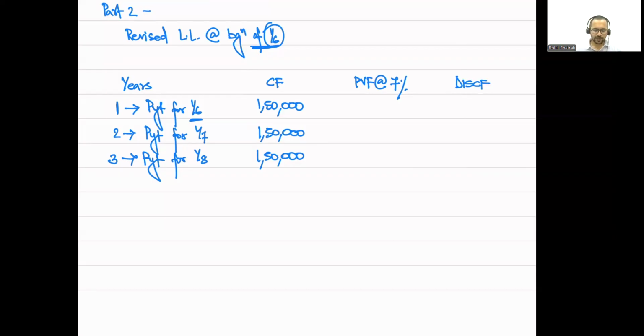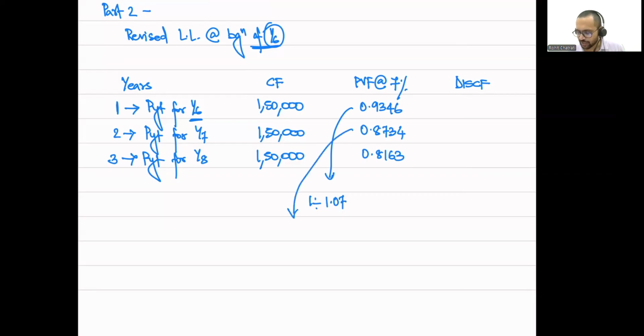The present value factor for year 6 is 0.9346. For year 7, it's 0.8734, and for year 8, it is 0.8163. How did I calculate this? This is nothing but 1 divided by 1.07 whole power 1. The second year is 1 divided by 1.07 whole square. And for the third year, it's 1 divided by 1.07 the whole cube.